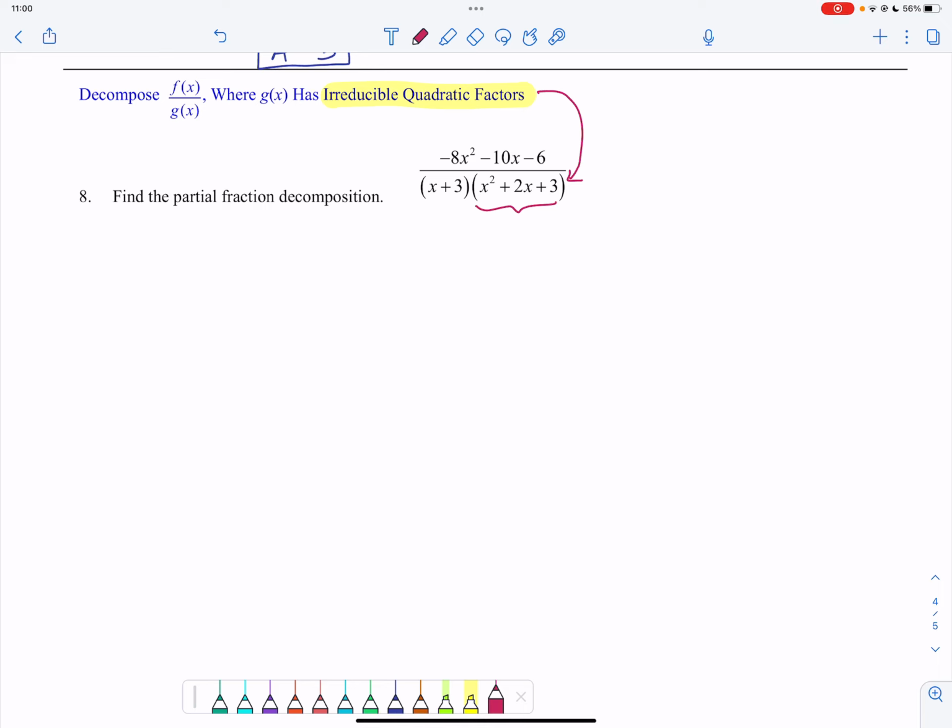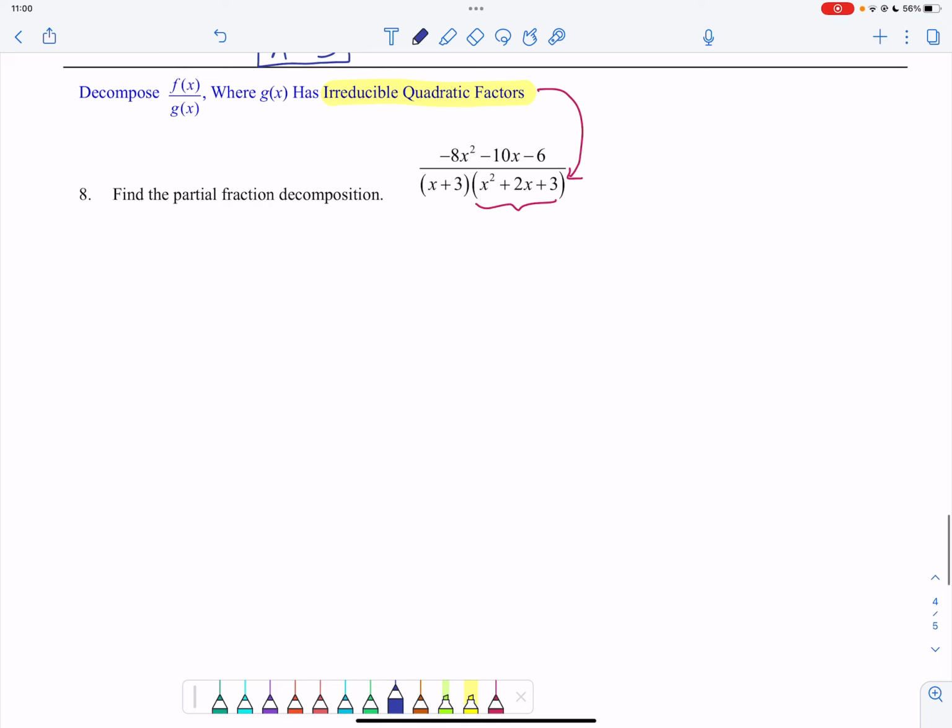How we're going to set this up is a over x plus 3 plus bx plus c all over x squared plus 2x plus 3. So we create a linear expression in that numerator.